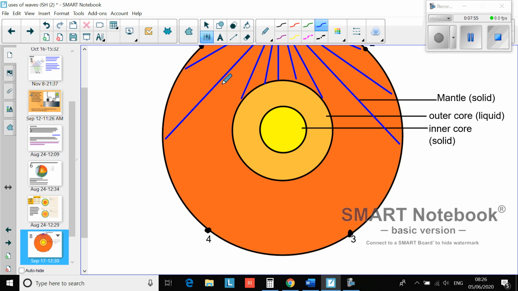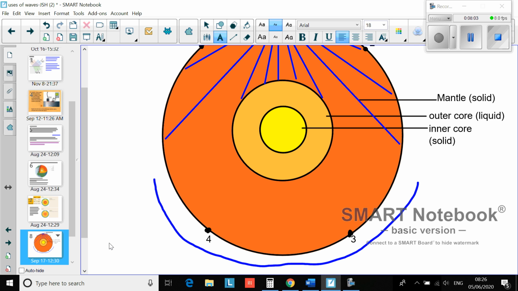What we actually end up with is what we call a shadow zone. Okay, so I'm just going to type that in there. So you might want to add this to your diagram. Shadow zone. And this is where we get absolutely no S waves.